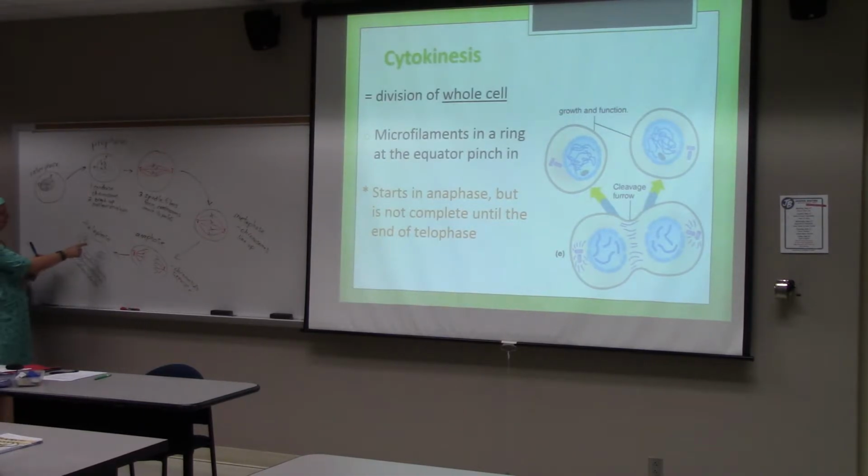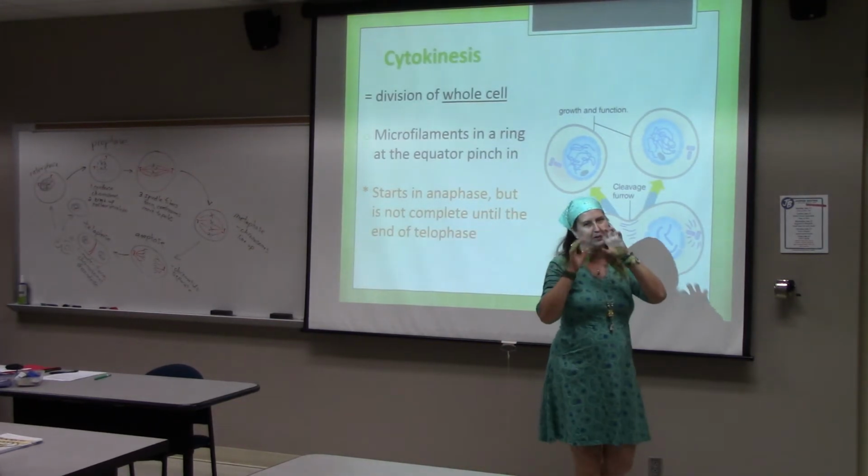So there's a ring of cytoskeleton, I got too specific on here and said microfilaments, around the center that's going to pinch in like a boa constrictor, pull these ends closer and closer together. So it gets like that. Until it finally splits into 2 new cells, and those cells are back in interphase.